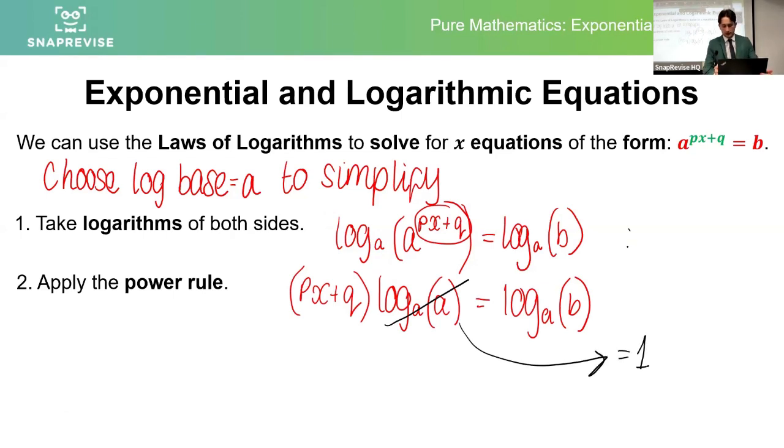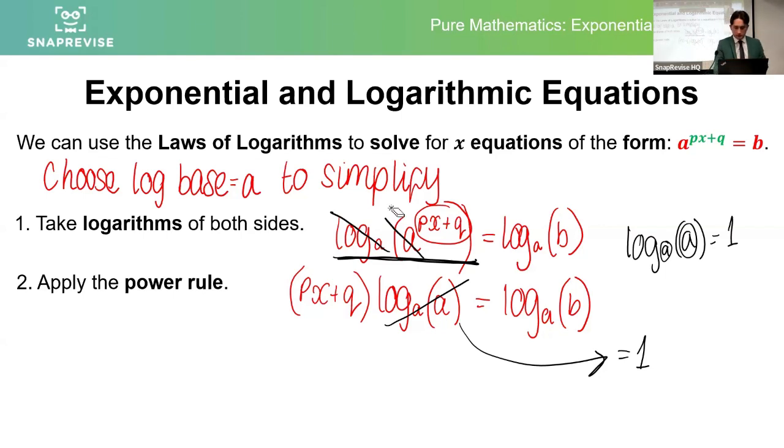Because if you think about it, log base a of a, we're saying a to the power of what is a? 1. That's the only situation where that will work. And also you might just think, well, yeah, I know that would happen because the point of taking log base a was to cancel out the exponential. So yeah, very good if you followed that.